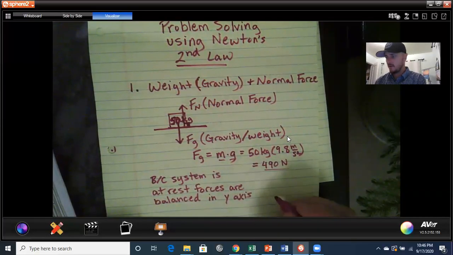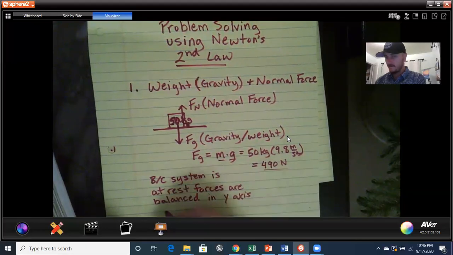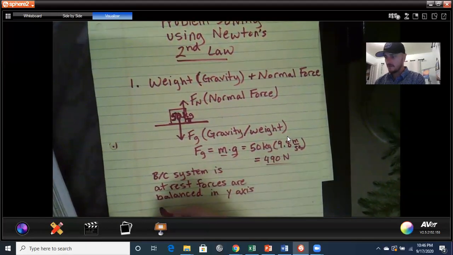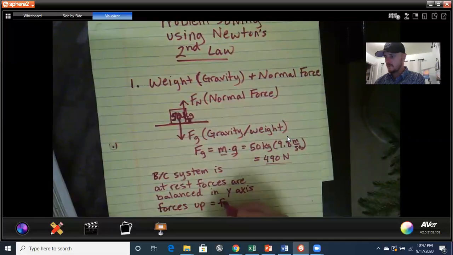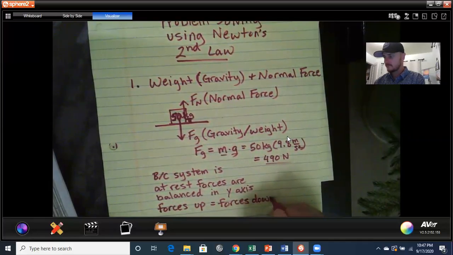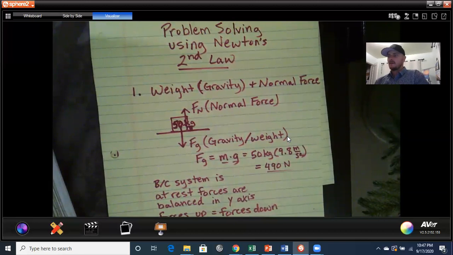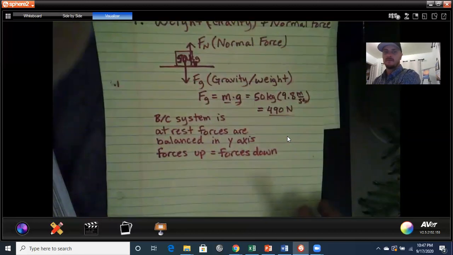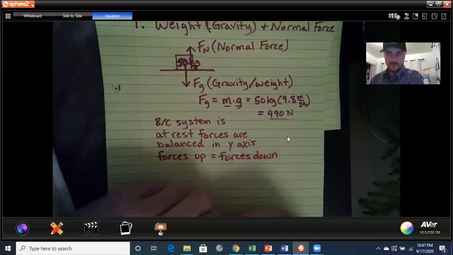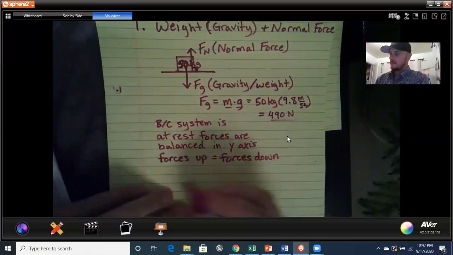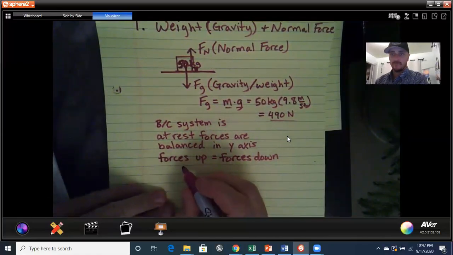What am I trying to say to you? I'm trying to say the following, that forces up equal forces down. Okay, forces up equal forces down. So let's go ahead and plug in our force up.